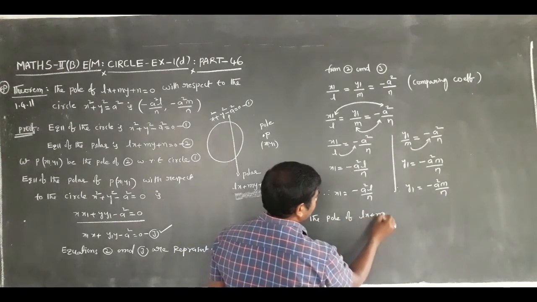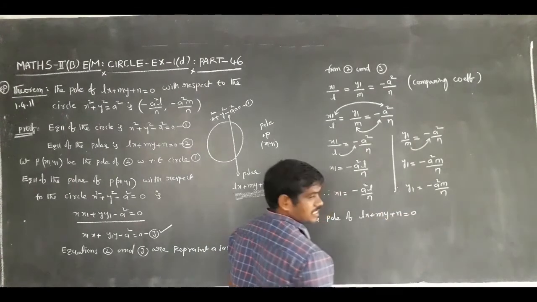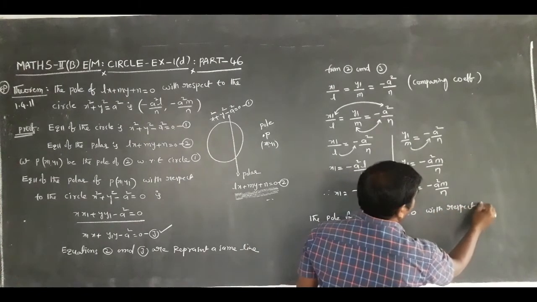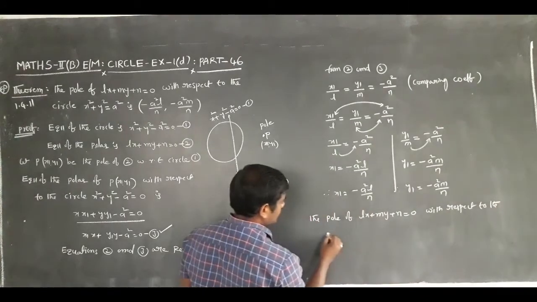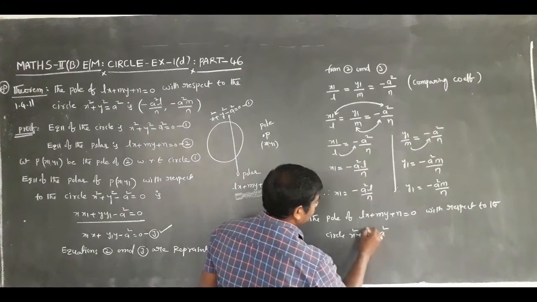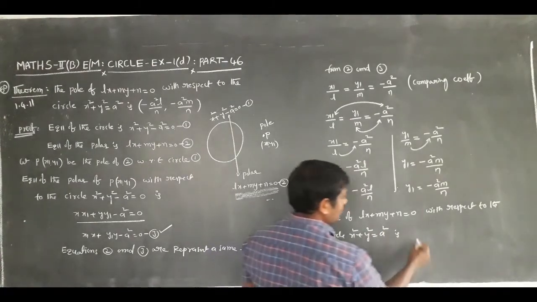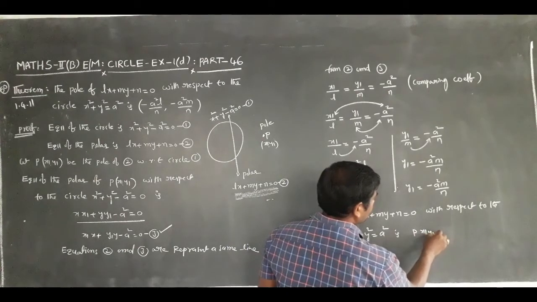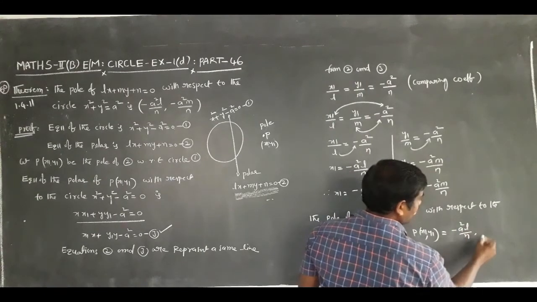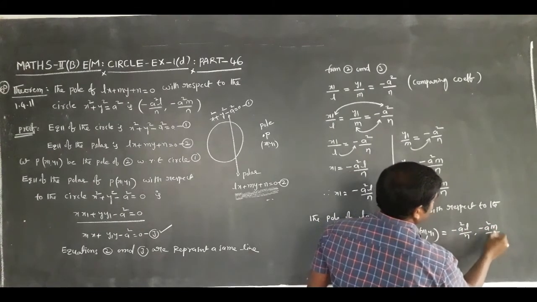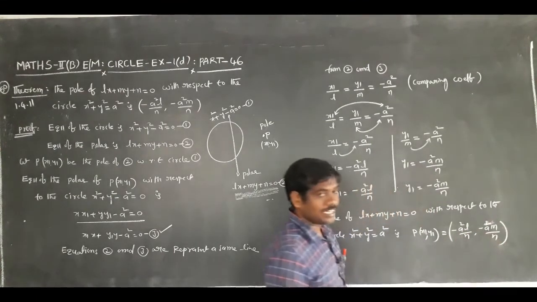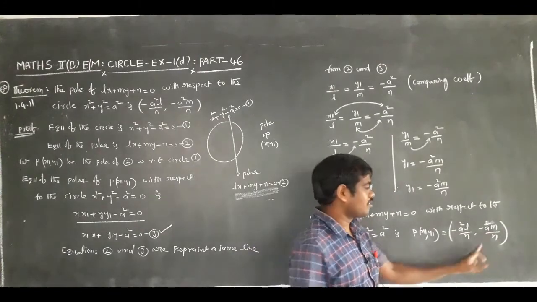of Lx + My + N = 0 with respect to the circle x² + y² = a² is P(x1, y1) = (−a²L/N, −a²M/N).